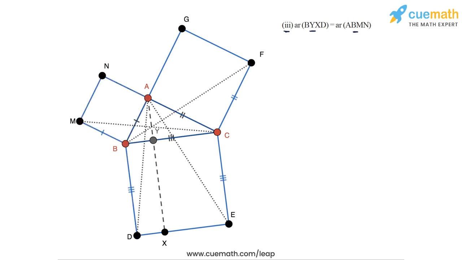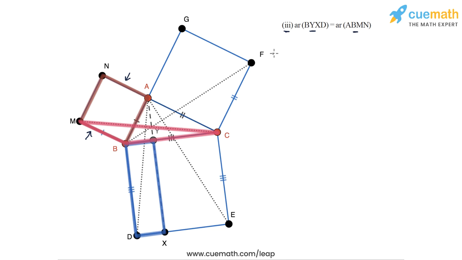From the previous part we saw that the area of BYXD is twice the area of triangle MBC, and now we can also see that the area of the square ABMN will also be twice the area of triangle MBC, because these two are on the same base MB and between the same parallels MB and NC. So both the rectangle BYXD and the square ABMN have an area twice the area of triangle MBC, so their areas are equal to each other.